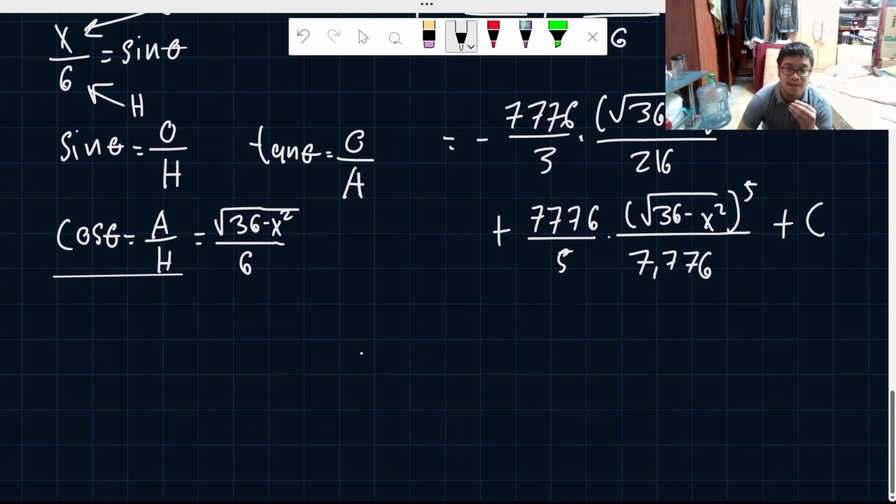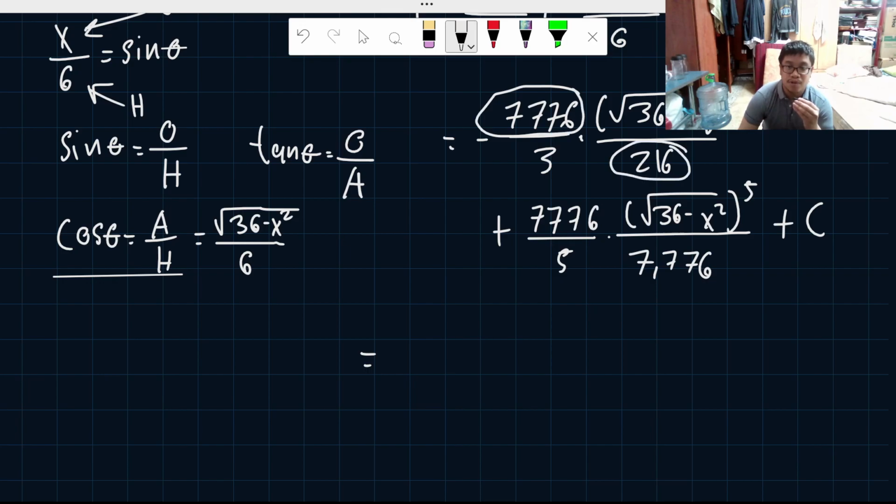Then let's simplify the problem. We can simplify these two numbers here, 7,776 and 216, because they're actually both divisible by 36, you know. So 7,776 divided by 36, that's 216.